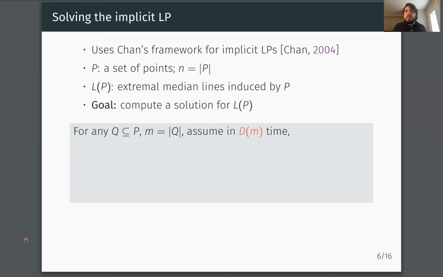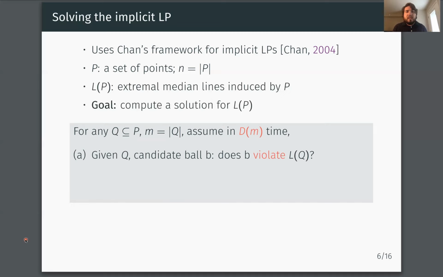Suppose that for any subset of points Q of size m, we can perform the following 2 operations in d of m time, where d is some polynomially growing function. Firstly, given Q and a candidate ball B, can we test whether B violates any constraints of Q?